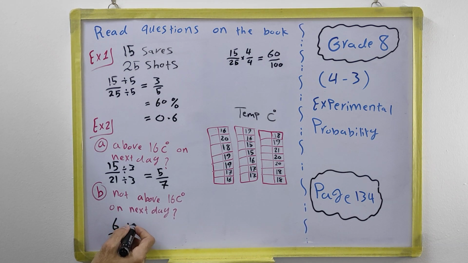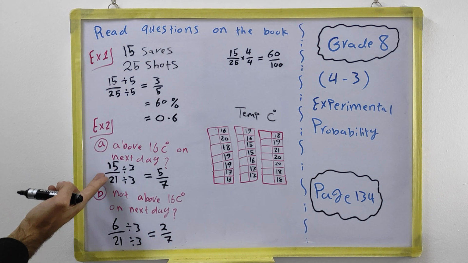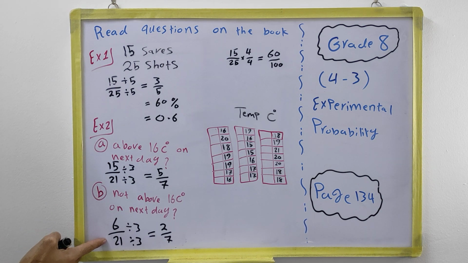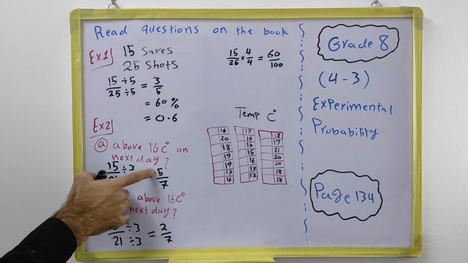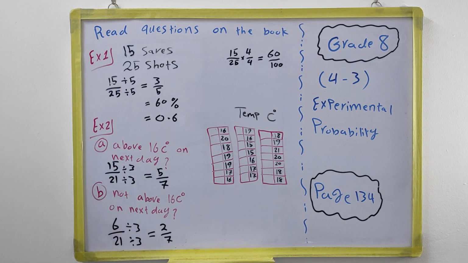Again, it can be divided by 3, so the result is 2 over 7. If it is 15 over 21, it must be 6 over 21. When it is 5 over 7, to make it 7 over 7 we have 2 more, which should be full, which should be 1.